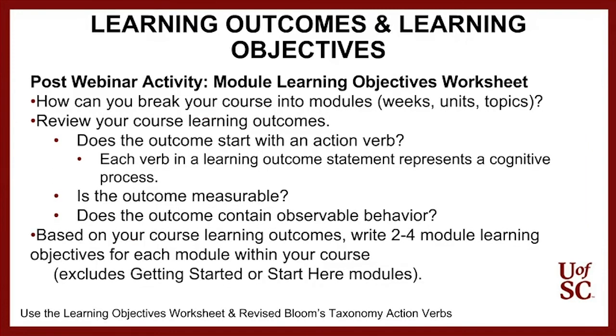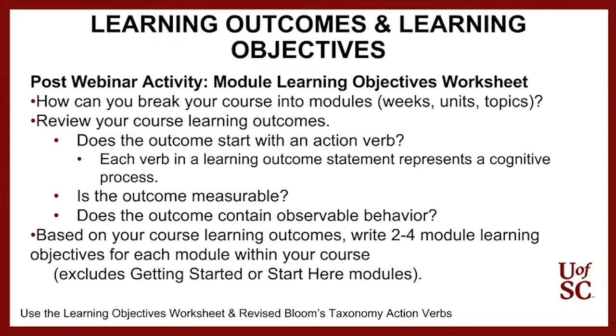This slide that I have up now is what I'm calling a post-webinar activity. Normally, when the webinar is face-to-face, I like to break up the participants into groups, and we address writing measurable, obtainable learning outcomes and objectives.